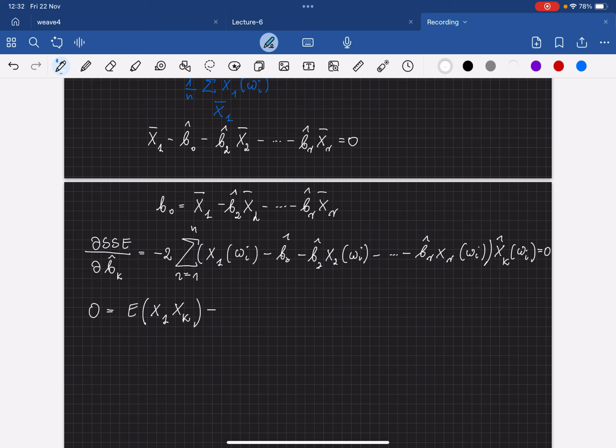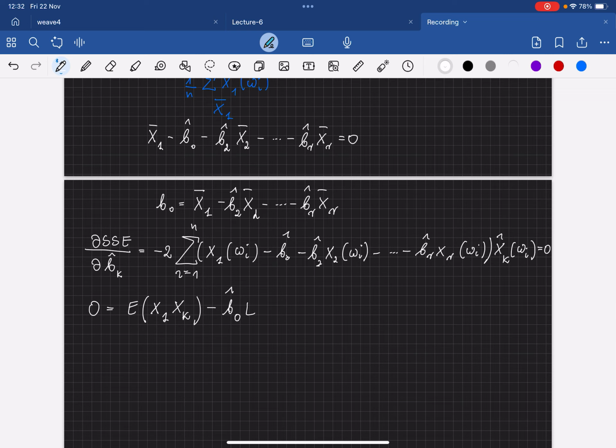Therefore, maybe it will be easier to write it like that. Then there is minus b0 hat, and again I write an expectation value, this time of xk, and the rest of the bracket, which is b2 expectation value of x2 xk up to br expectation value of xr xk, again calculated in the sample.